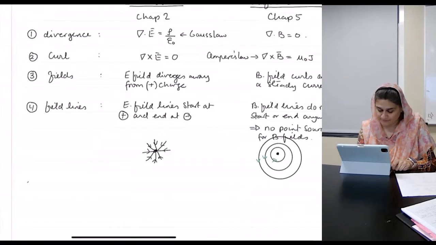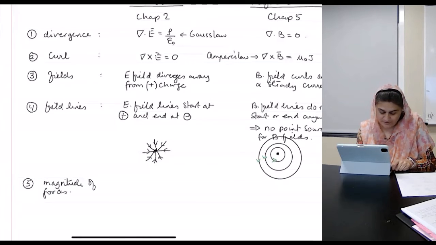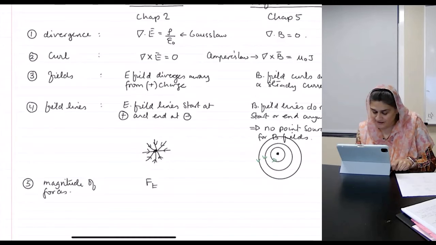Number 5, magnitude of forces. Fe is much, much bigger than Fb.